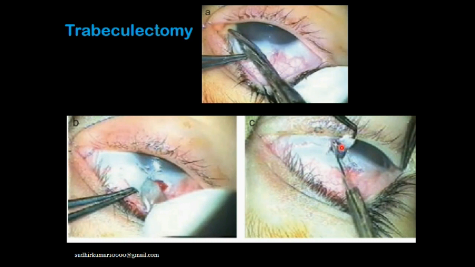Here is the raised partial thickness flap, and when this hole is made with the help of a sharp instrument or a punch-like instrument, there is a gush of aqueous from the anterior chamber toward the sclera, and at the same time iris may come out or prolapse through this.